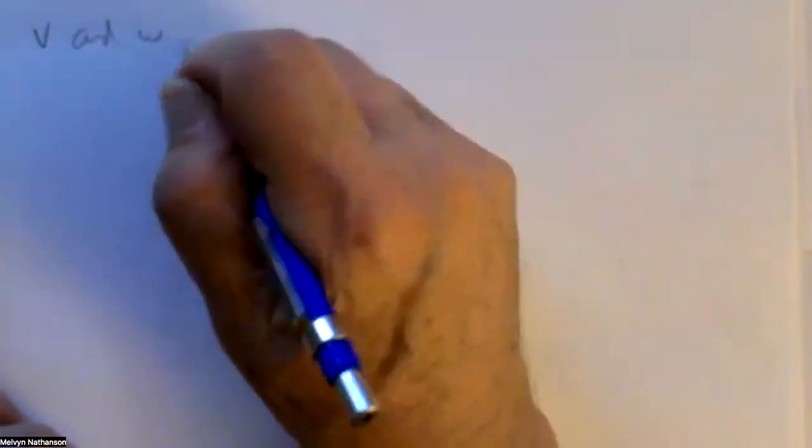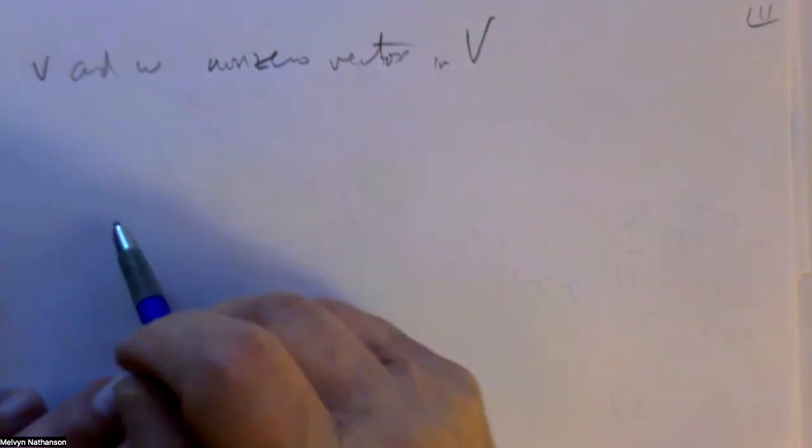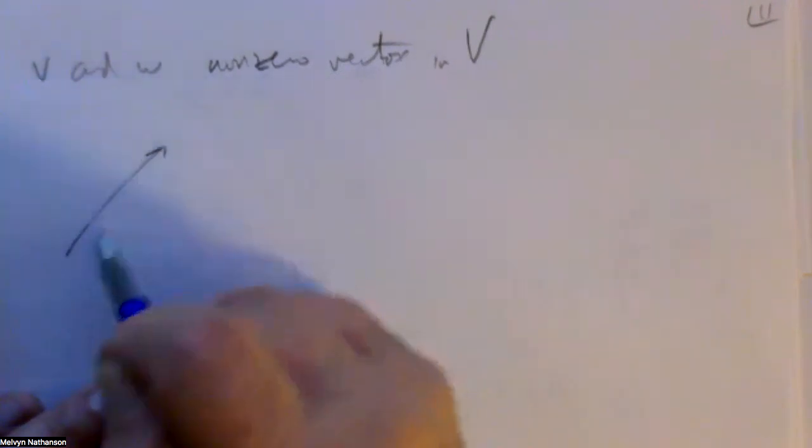These are non-zero vectors in the vector space V. So let's say here is v and here is w.